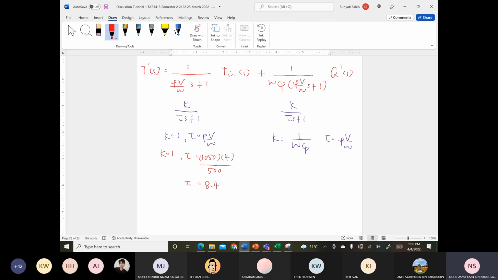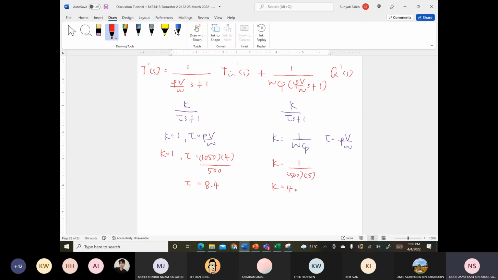For the second transfer function, K equals 1 over WCP. W is 500, and the CP, what is the value of CP? 5. Okay, so the K will be 4 times 10 power negative 4.